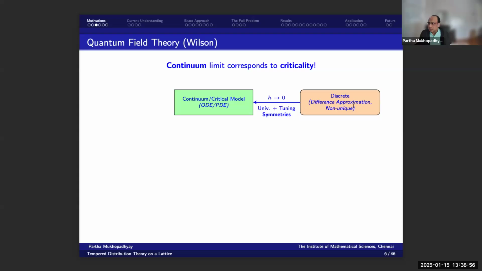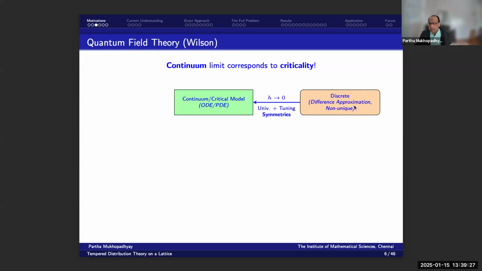Now, this procedure of taking the continuum limit is an extremely non-trivial thing to do. There are two aspects of it. One is universality, which means that you could write many lattice models, which are all supposed to give you the same critical model, and those must be guided a lot by symmetries. If you take an arbitrary theory in the microscopic description, that's going to spoil this critical behavior.